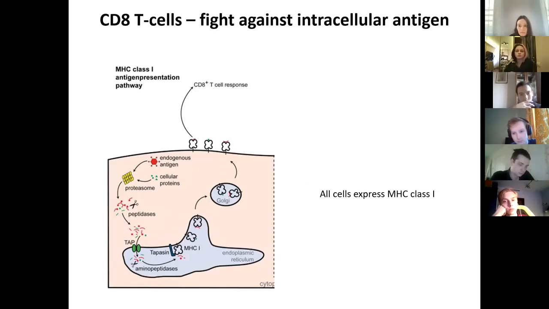That is done by macrophages, by opsonization with antibodies and so on. The T cells really focus on finding the bad cells, the infected cells, and cleaning them up, because the infected cells are the major reservoir for the virus to proliferate.